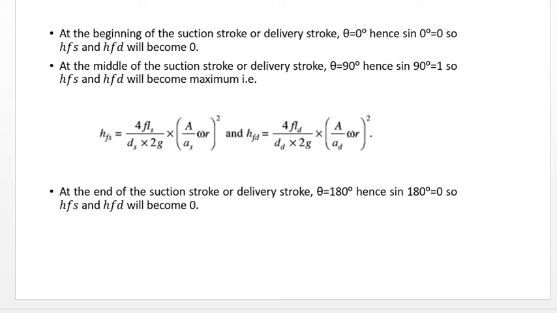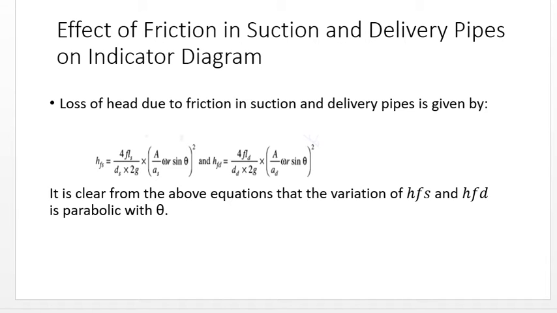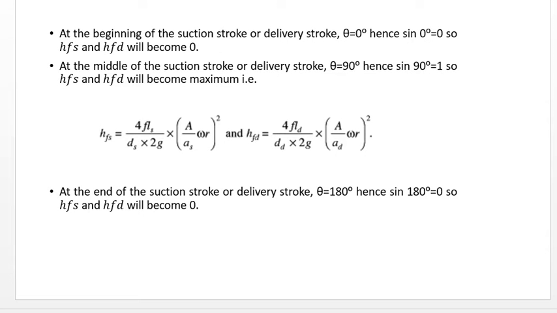How will it change? We all know that at the beginning of any stroke, θ will be 0 degrees. So the value of these two heads will change with the value of sin θ.